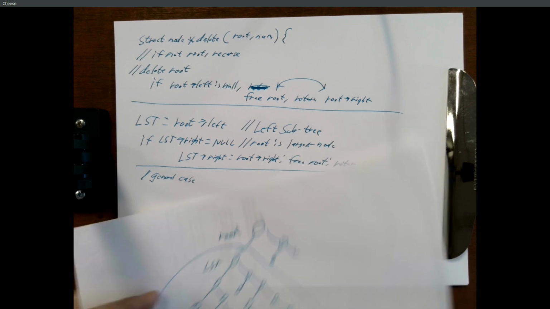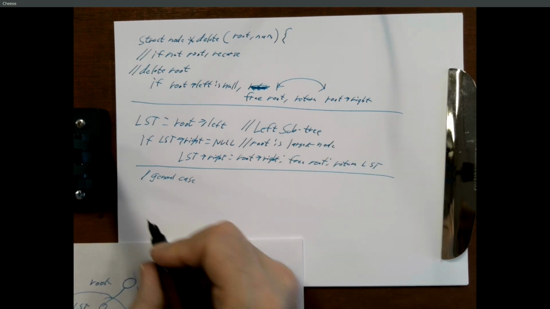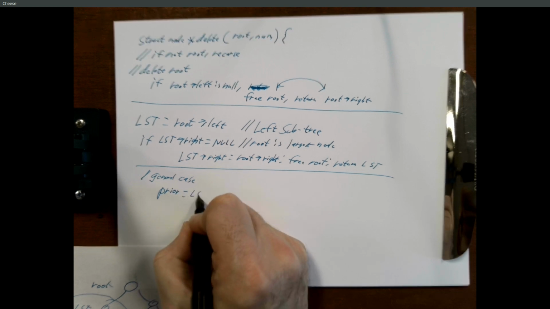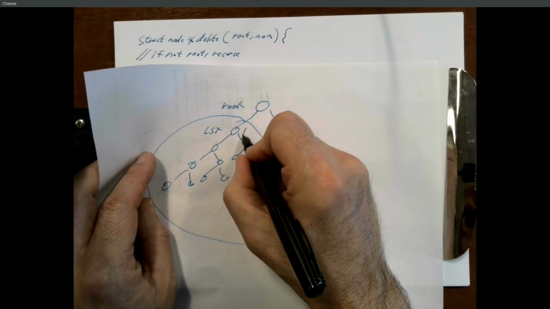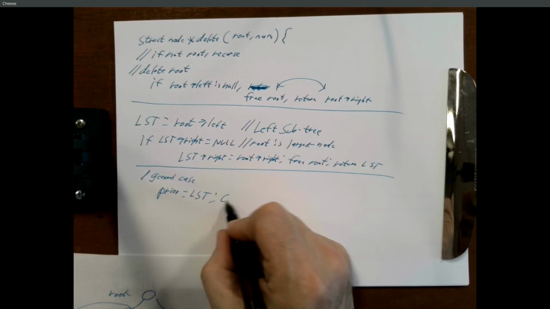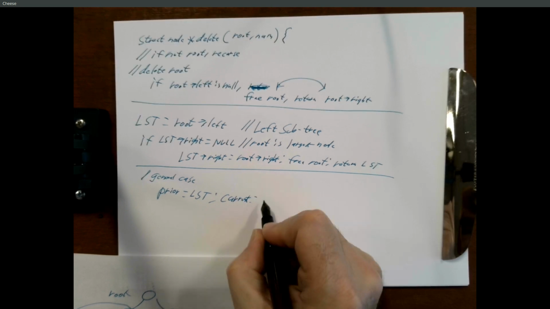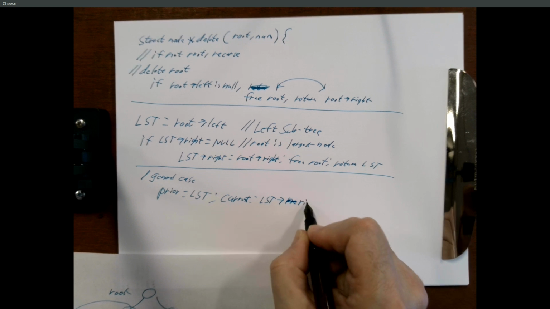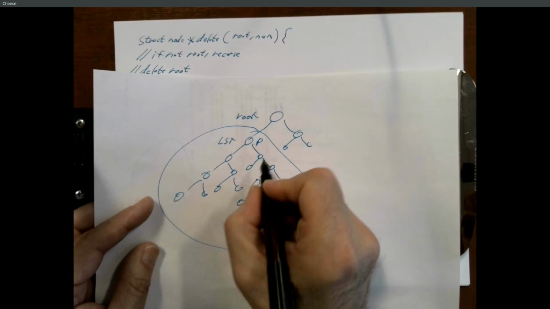So we do our usual walk down the list. So prior equals LST, so this is prior, and current equals LST arrow right. So here's current.